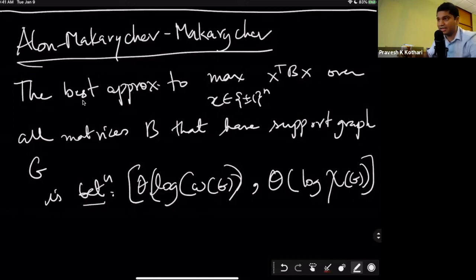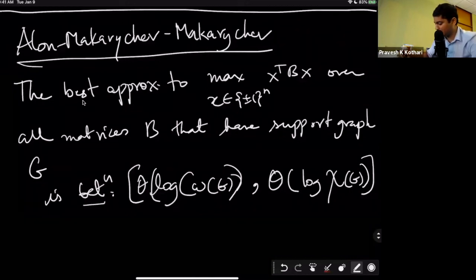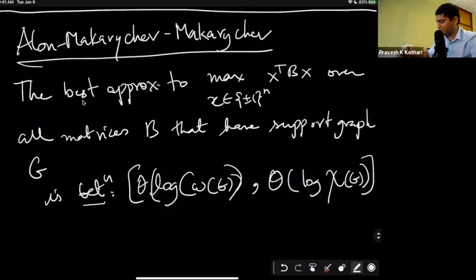And that happens with the clique number: log of the clique number of the support graph. And so this result is in some sense what justifies me calling the second case the bipartite case and the unrestricted case the complete graph case and so on.